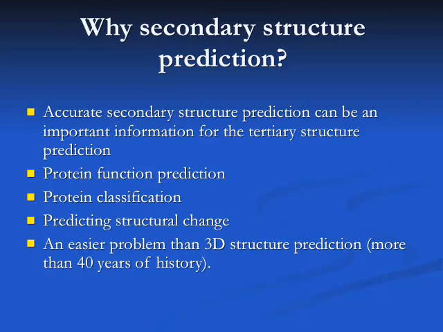We also need it to predict what structural changes might happen, especially when we stick a drug in there and get it to do something. We've been trying to predict protein structure for a long time, over 40 years now, and we're getting better at it, but we're still not there yet.